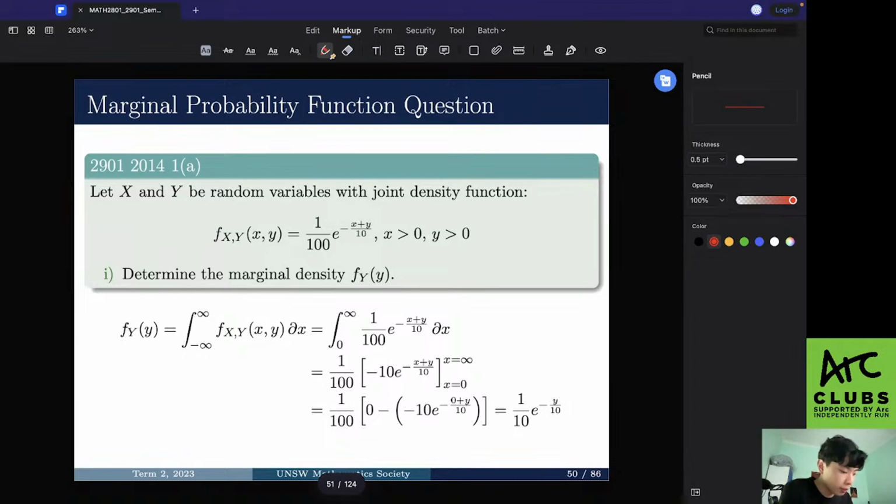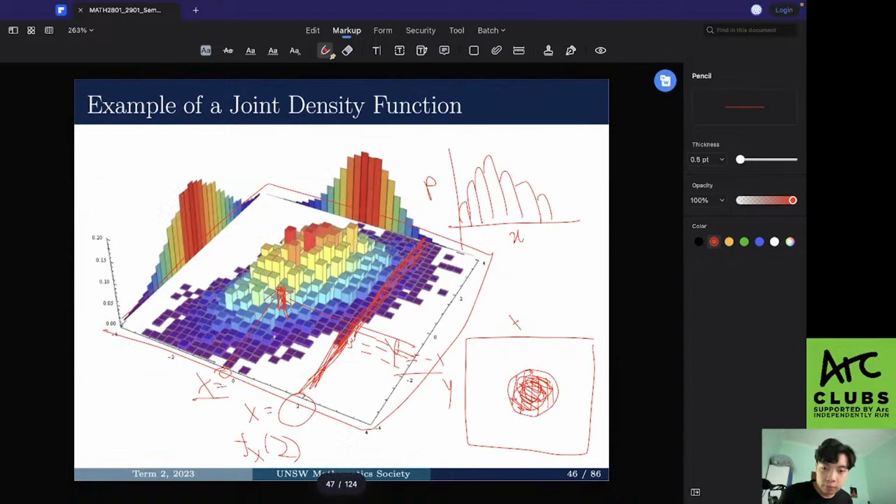So now that we know that we just want to find f_Y(y), and we know that what that means is we want to find the probability for a given y, and the way we do this is, if we want to find, for example, y equals 2, we just add up every single probability in this strip right here.